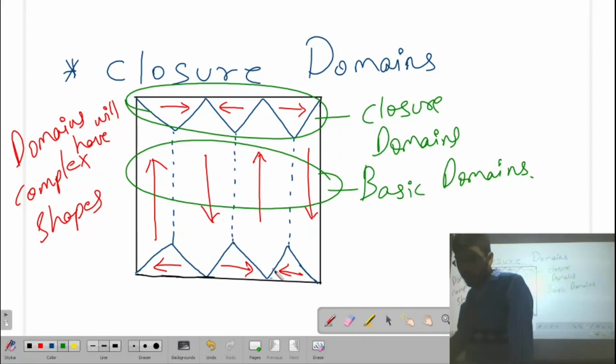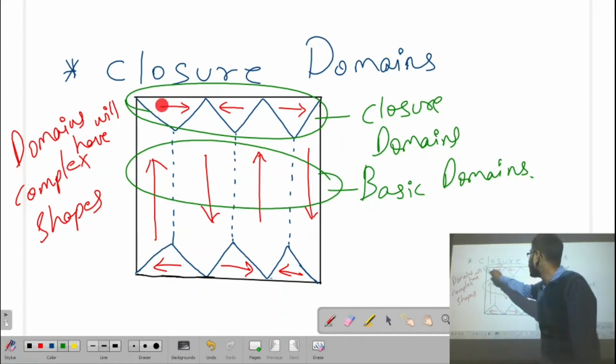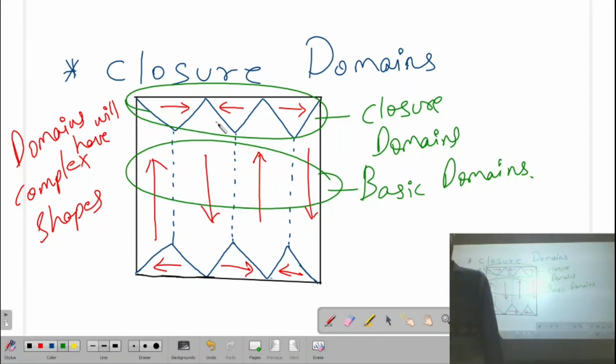The amount of energy needed to produce stable magnetization in a certain direction is known as crystal anisotropic energy.